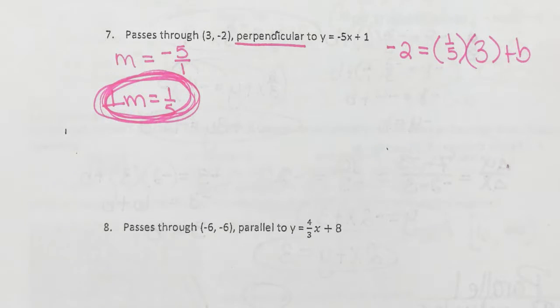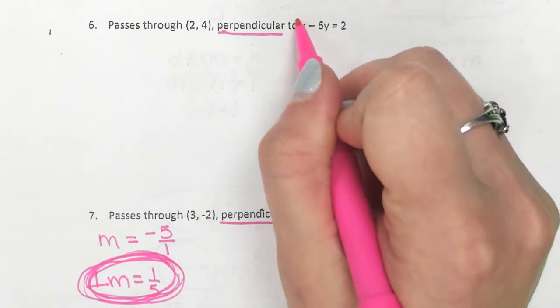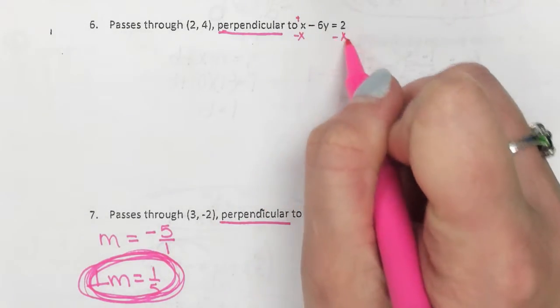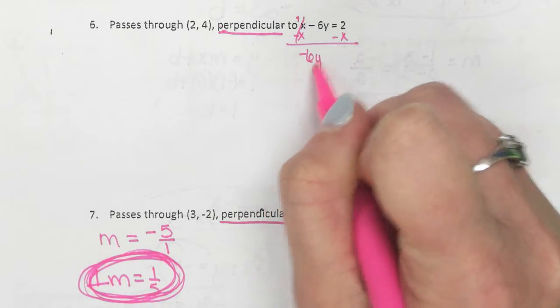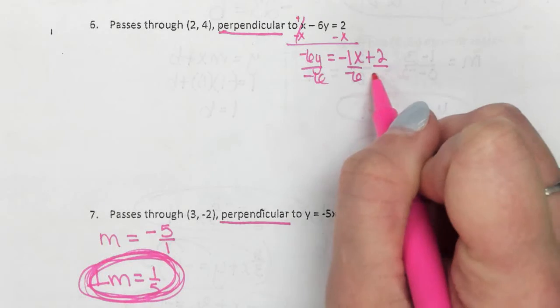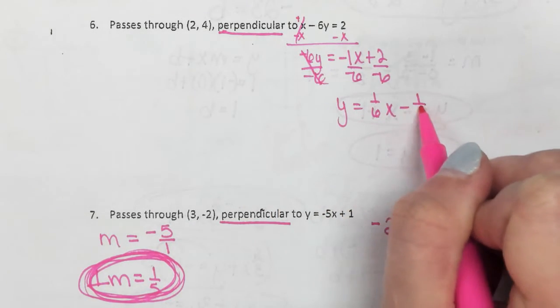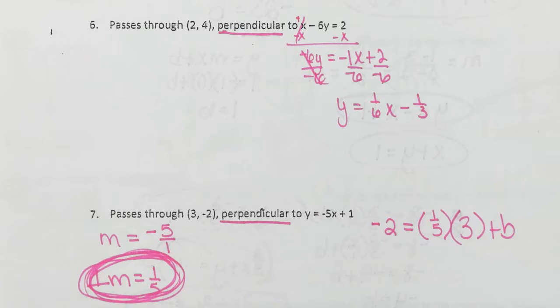What are we at? Number 6. Alright, so what do we do? You have a positive x. Y'all subtracted, right? Y'all okay so far? Divide everything by negative 6. Y equals positive 1/6 x minus 1/3. Y'all okay so far?